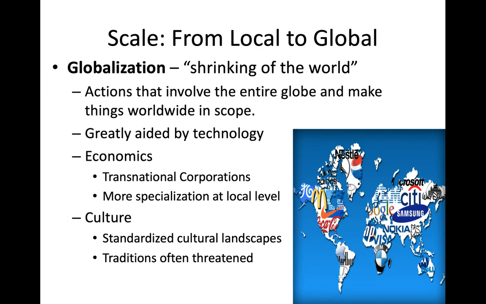It doesn't matter where I go because McDonald's is a transnational corporation. I'm going to find it in multiple different countries. Culture has also been aided by globalization, where it has standardized cultural landscapes and traditions are often threatened. We will learn more about culture and how it is impacted by globalization in Unit 5.